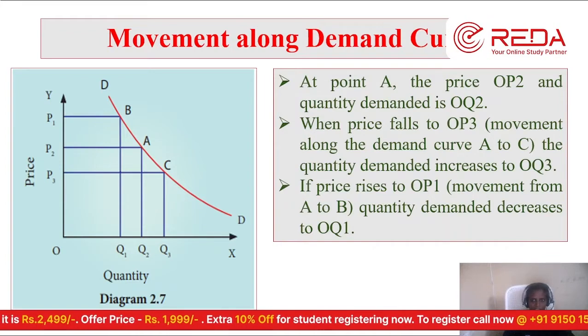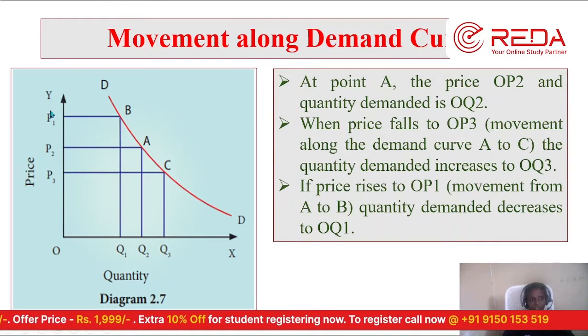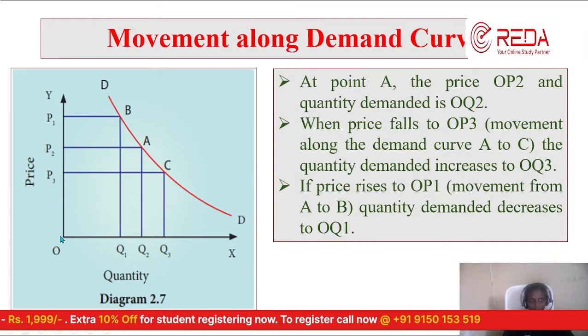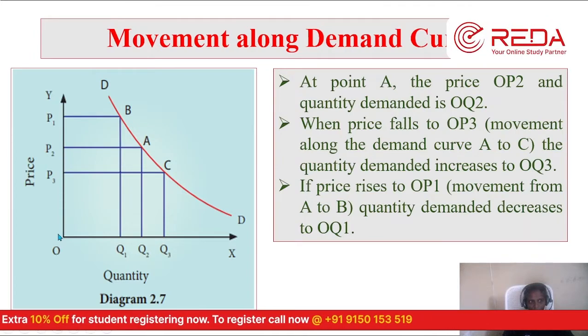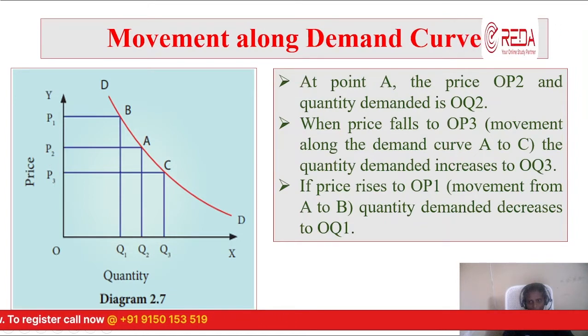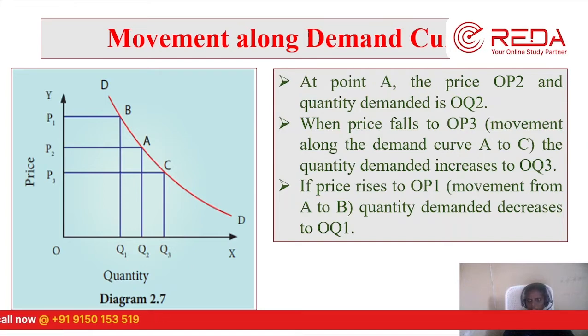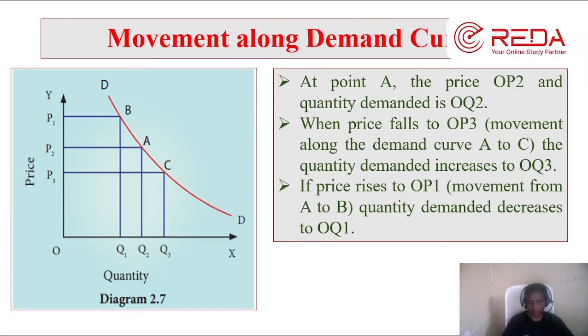And suppose there is a change in the price of the commodity, it may be an increasing change or a decreasing change. If the price of the commodity decreases from 0 P2 level to 0 P3 level, for example by 5 rupees or 10 rupees, what will be the quantity demanded? Obviously, we know a decrease in price will lead to an increase in the quantity demanded.